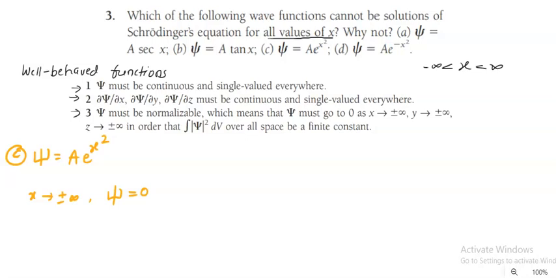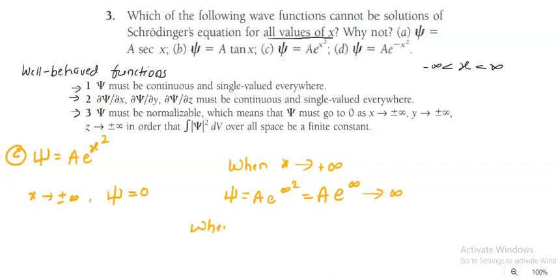So when x tends to positive infinity, the wave function psi is equal to A into e to the power, so x is infinity, the square. So we can write it as e to the power infinity. So e to the power infinity is tending to infinity.